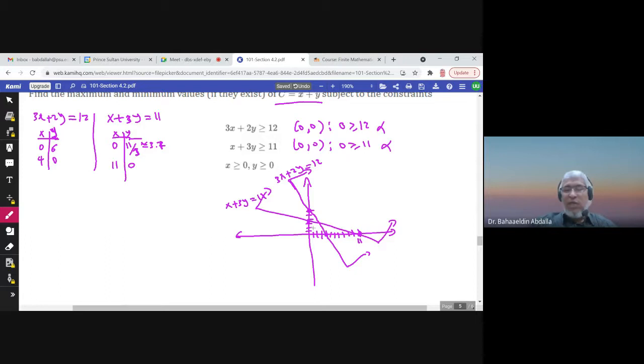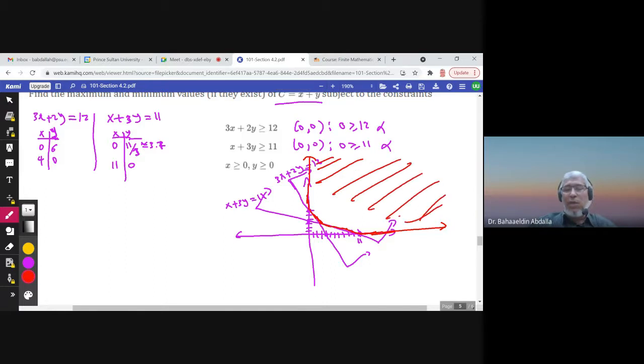Now don't forget that x is greater than 0 and y is greater than 0. So this is the region.